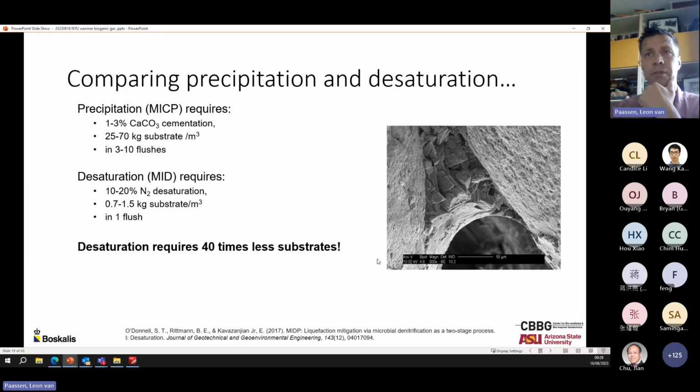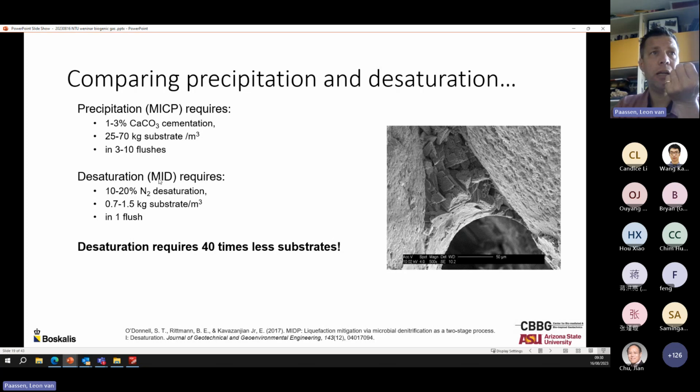With that in mind, we started comparing, what is now a good process? We can focus on precipitation. For precipitation, we said we need 1 to 3% to see some increase in dilatancy and stiffness, which requires quite some substrates, and we need 3 to 10 flushes to get it into the ground.